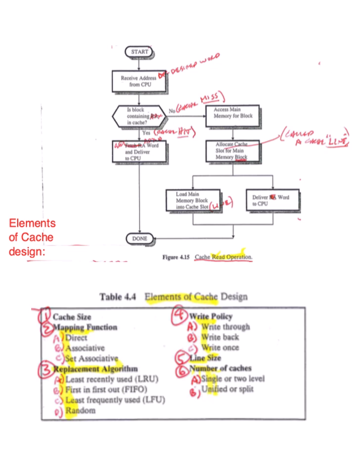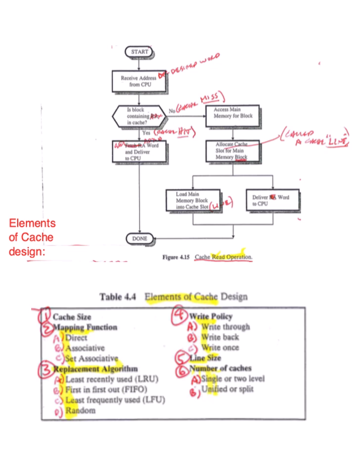and then you simultaneously deliver to the CPU what it wants and put that block in. So again, if there's a miss, you access main memory for the block. You allocate a slot. You figure out where you want to put it, what cache line you want to put it in.